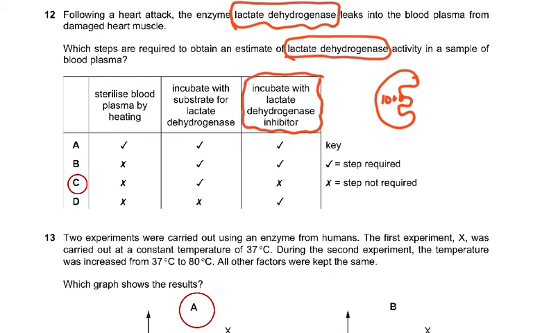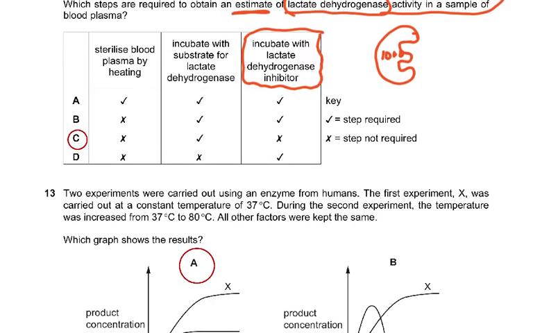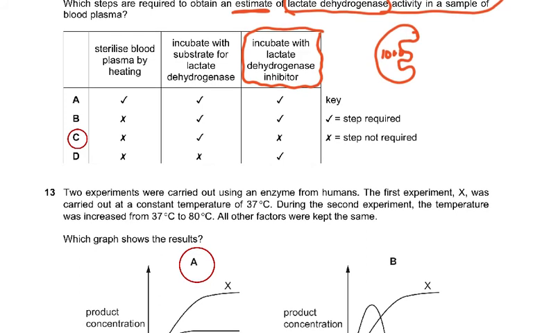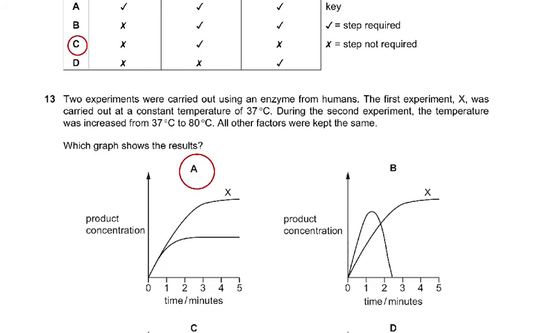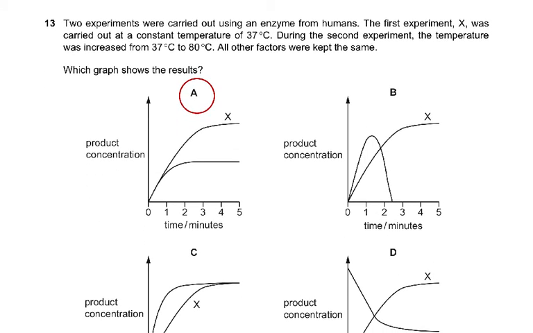Well, we want to find out, it says, which steps are required to obtain an estimate of the activity, how much lactate dehydrogenase is there, how much is the heart muscle damaged. So of course the answer was C. You incubate with a substrate, so you know how much product is being formed. So that would tell you whether there are 10 active sites, 100 active sites, or 1,000 active sites. Okay, coming to question 13.